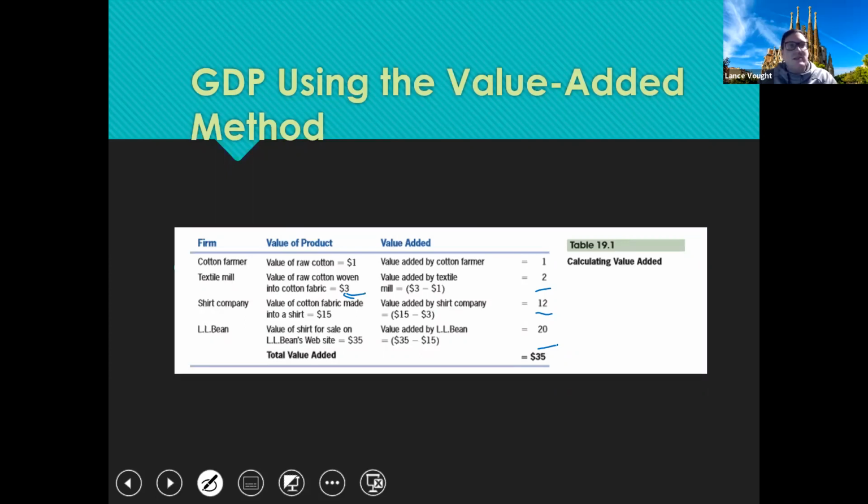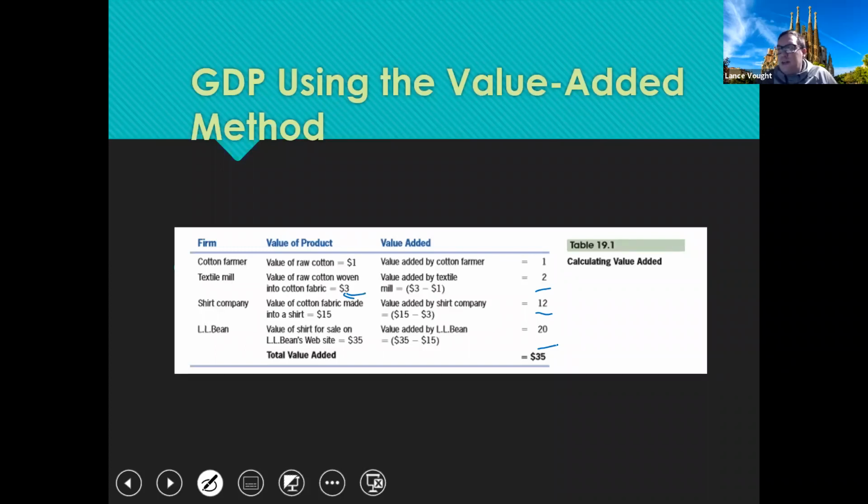Because if we were to not do this value added method and include intermediate goods, then we would overstate the contribution to GDP of this t-shirt as $54, because we'd say it's 35 plus 15 plus 3 plus 1, it's $54. But the reality is that the contribution to the economy is $35, because the value of the cotton, the value of the fabric, and the value of the shirt is factored into the final price of the shirt that's sold by LL Bean.